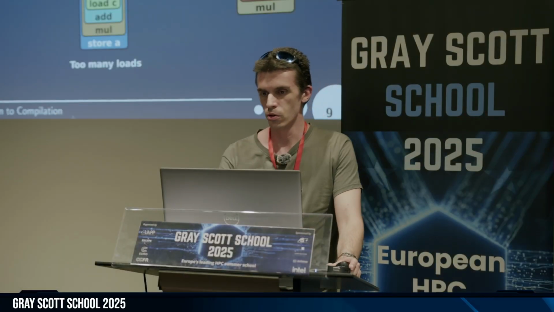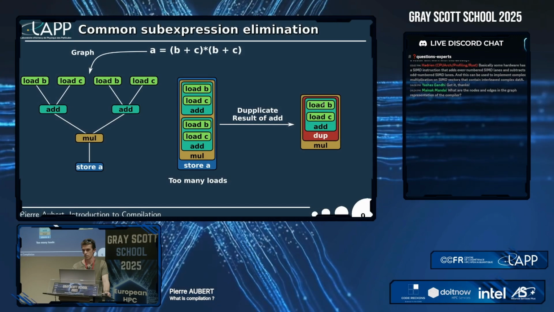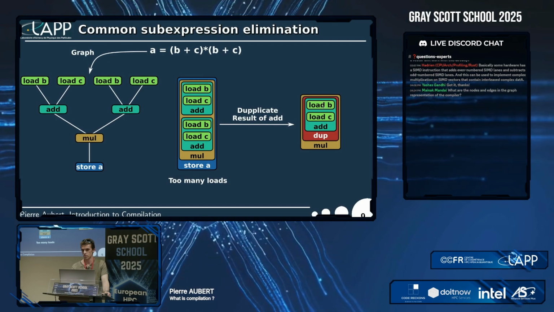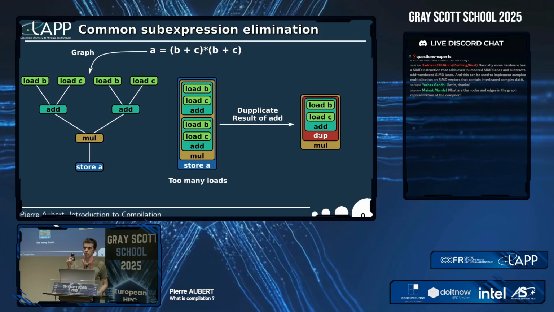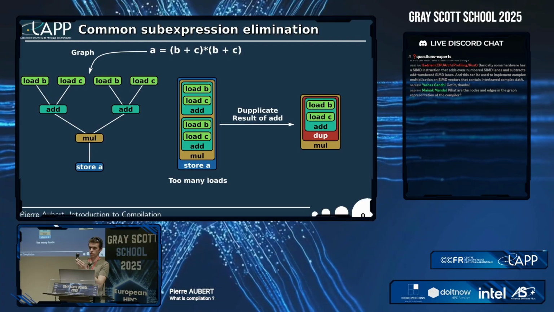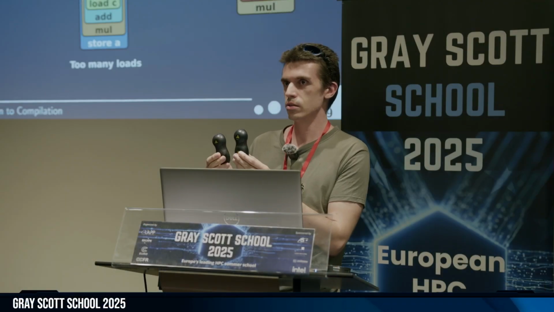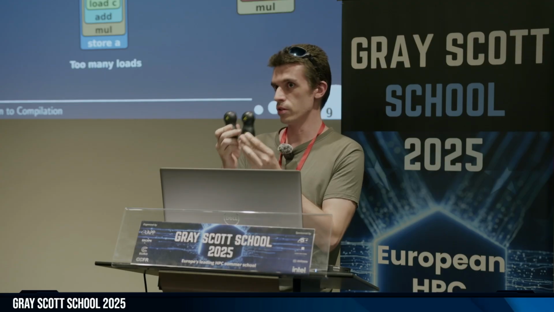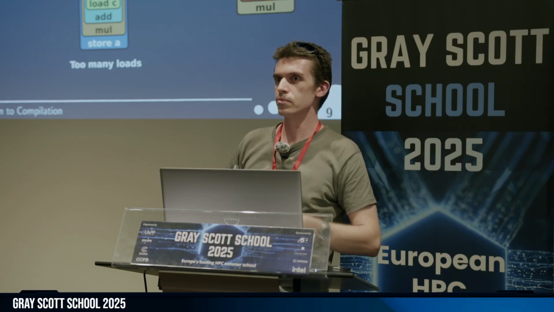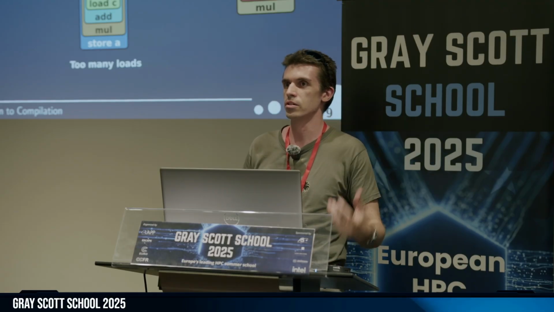The point is you load B in a register, you load C in the next register, you do an add of the two to have one result in one register, you duplicate this result. To do an operation of this, you have to have two values. So the point is you get the first one, duplicate it instead of loading the other one, and then you perform your multiplication of these two values. It's a stack problem. The compiler does a lot of optimization based on the stack, in fact.